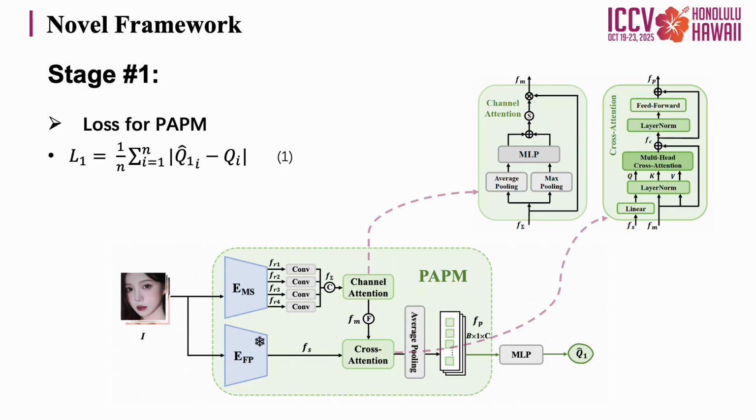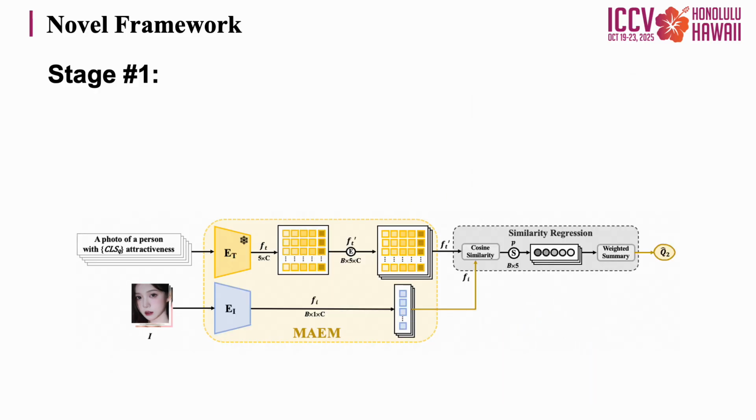The loss function for training PAPM is L1 loss. In stage 1, MAEM is trained in parallel. The MAEM contains an image encoder EI and a text encoder ET as in CLIP.